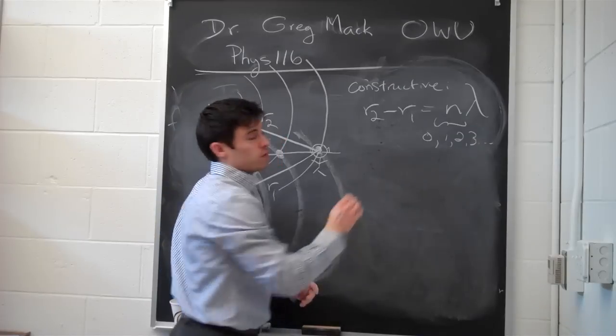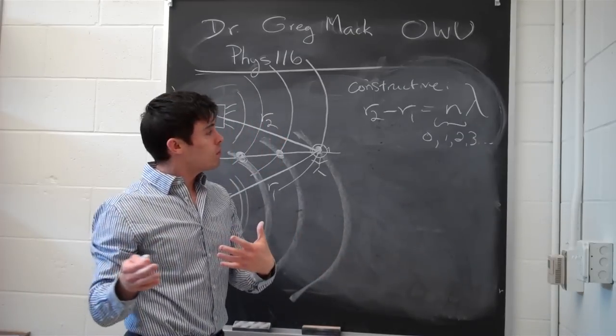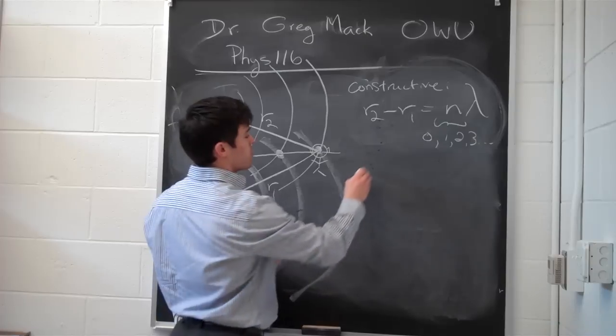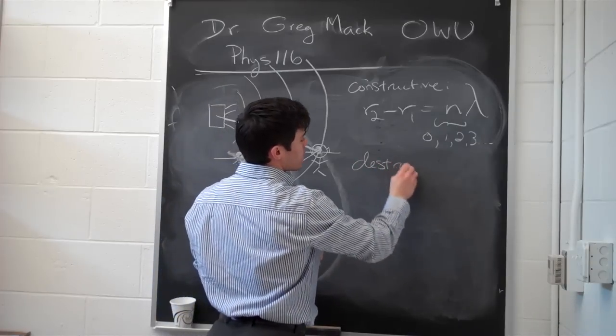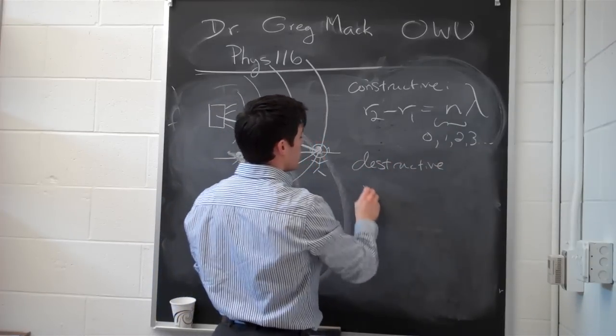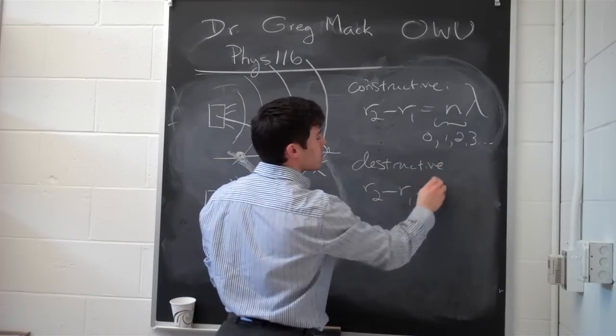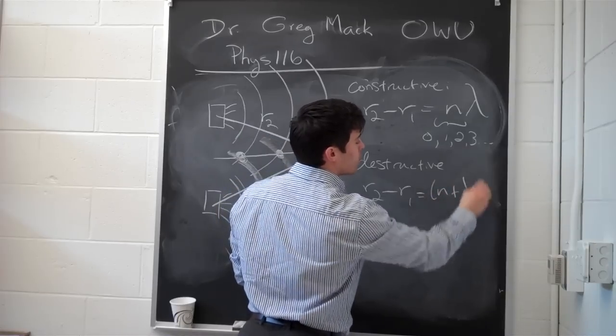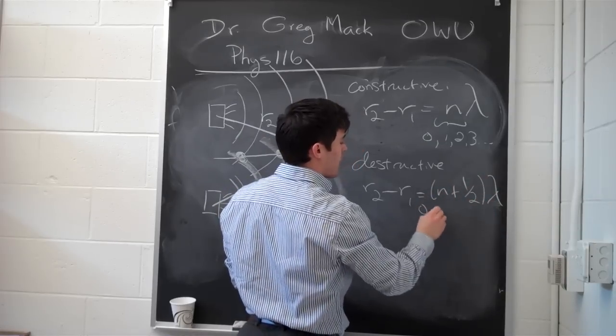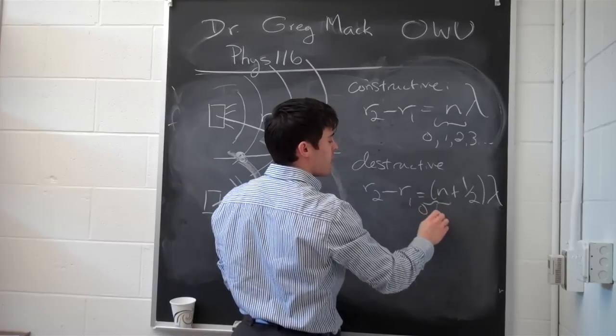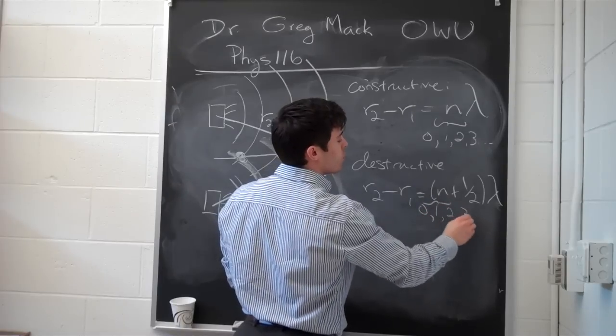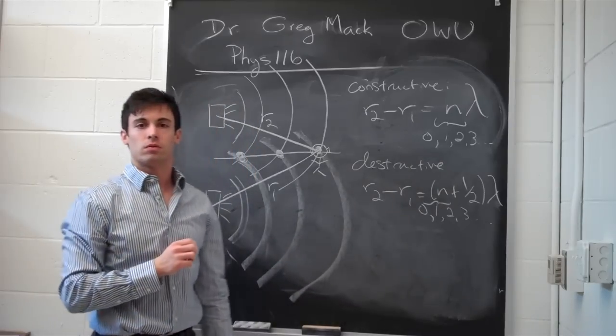If not, you're going to hear something in between, and if you're at the specific spot where you get destructive interference, then that's where the path length difference is equal to n plus 1/2 times the wavelength, where again n is 0, 1, 2, 3, etc. Okay?